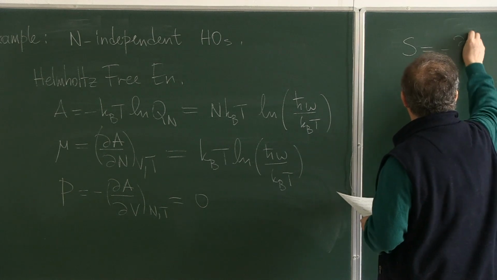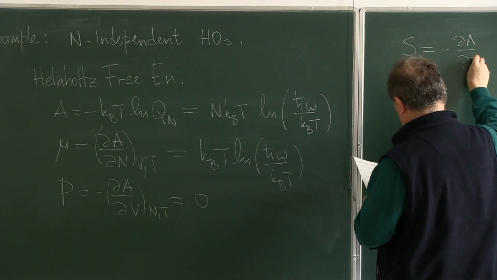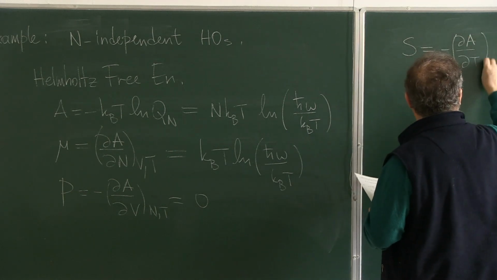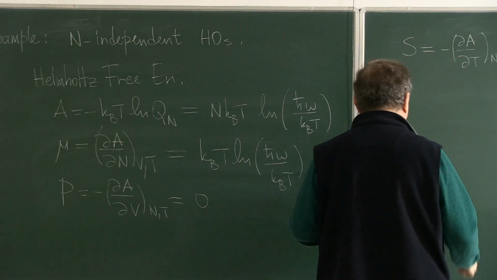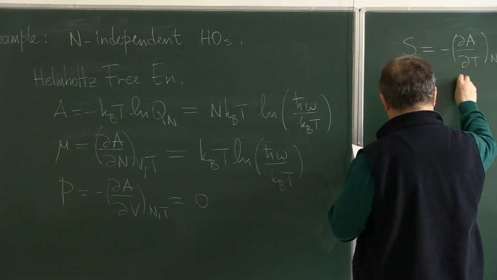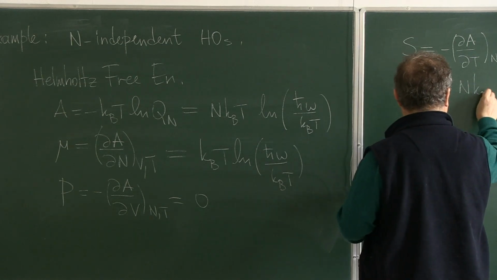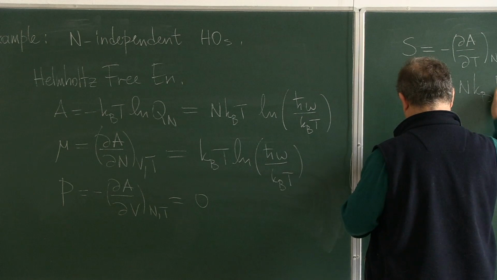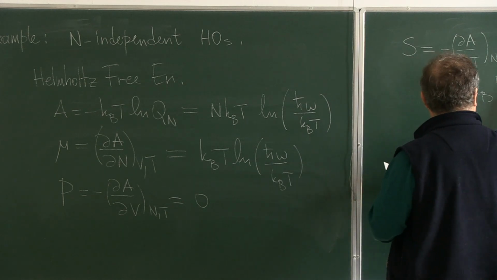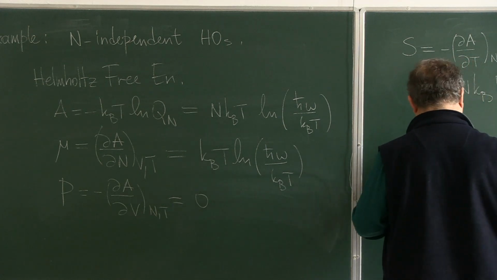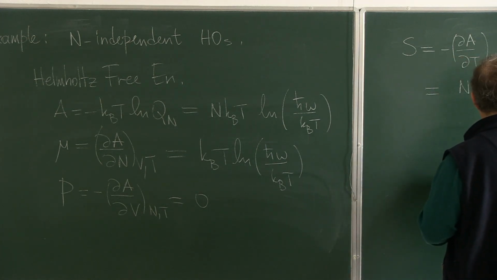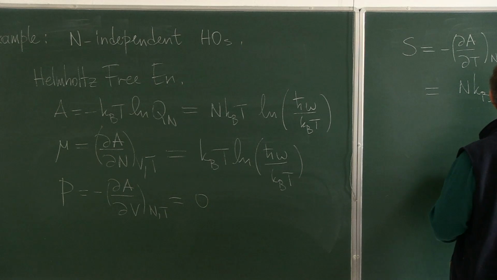Minus del A del T, keeping N and V constant, gives you N kB ln of kBT over h bar omega plus 1.